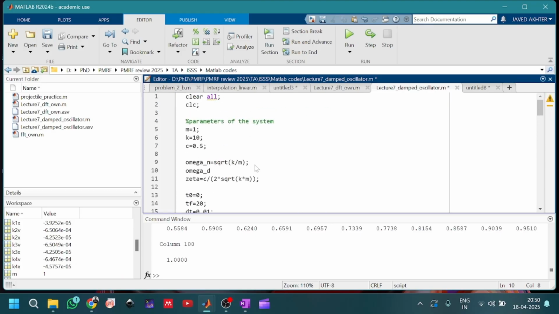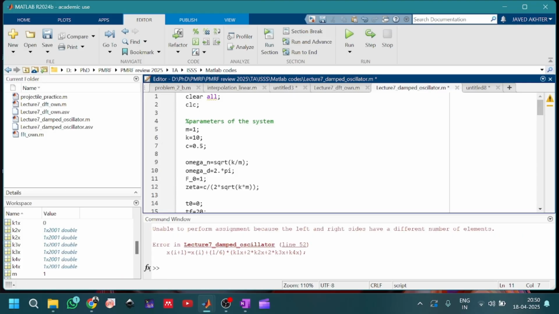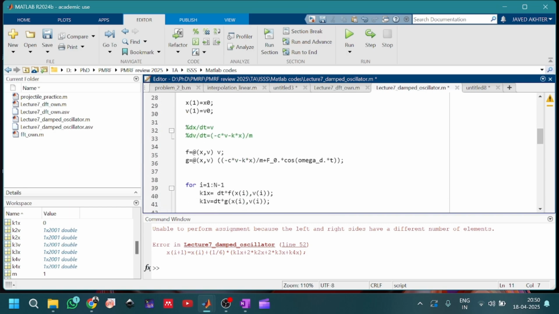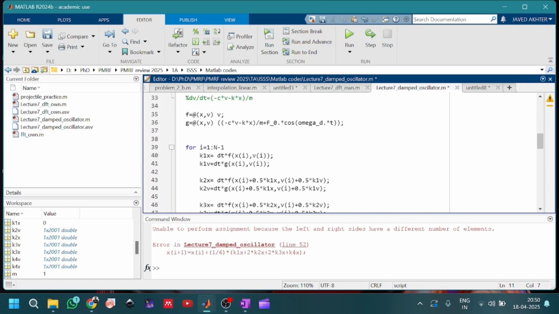Omega d, let me take something to be 2 pi, and let us take f0 to be 1, and let us try to run it. Okay, so let me see.